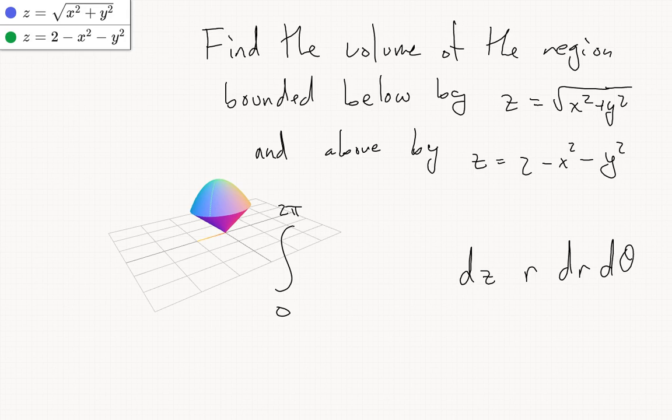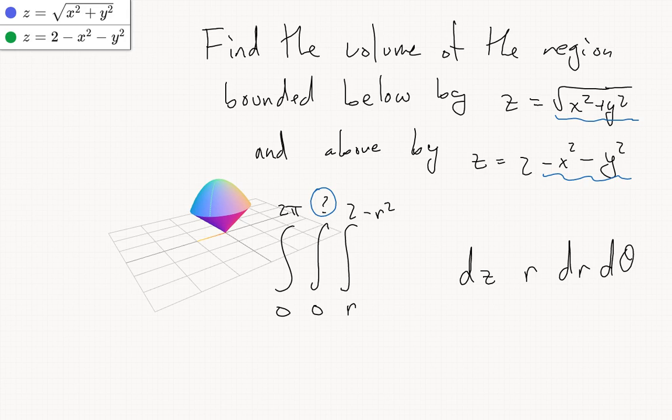R will go from 0 to something, and then Z will go from R, which is this, to 2 minus R squared. Again, x squared plus y squared is R squared.